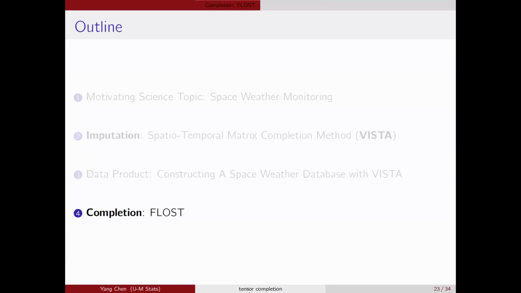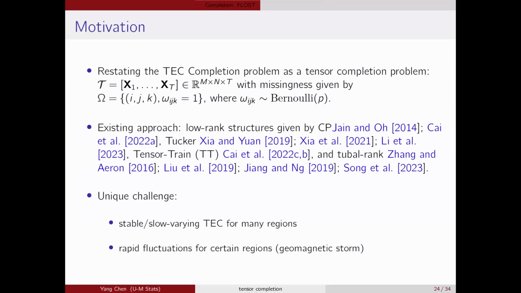So in order to speed it up, we try to incorporate some knowledge from tensor representation and propose this new computational algorithm called FLOST. I'm really happy that our keynote speaker earlier today laid out all of the foundations about the Fourier domain and Fourier transformation, so that I can skip all of those discussions. Essentially, the key idea is that we want to restate the total electron content completion problem as a tensor completion problem.